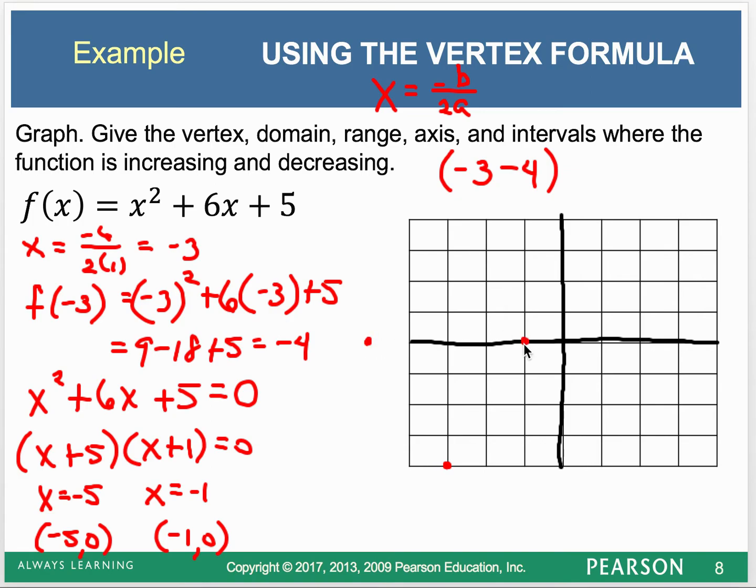Now at this point, I better stop and make sure it's symmetric. You see me, it's easy to make mistakes for everybody. But look, here's my symmetry, 2, 2. Okay, I feel good about that. If I missed a sign or something and I had this one over here, I would know something is wonky, or worse yet, if this one was over here and my vertex down here. So it's nice to double check at this point.